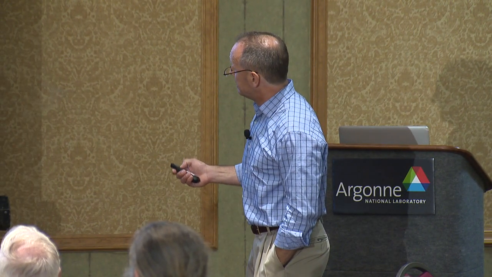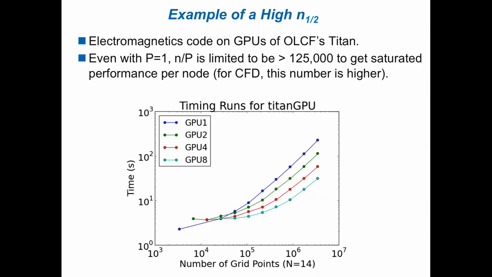a new threshold on granularity. Where it hit me was on some GPU timings we were doing on Titan. We looked at just one GPU, no communication. Here's this blue curve. We have to be over 100,000 points for this electromagnetics calculation on each node of Titan. Below 100,000 points, we start rolling off the asymptotic performance.